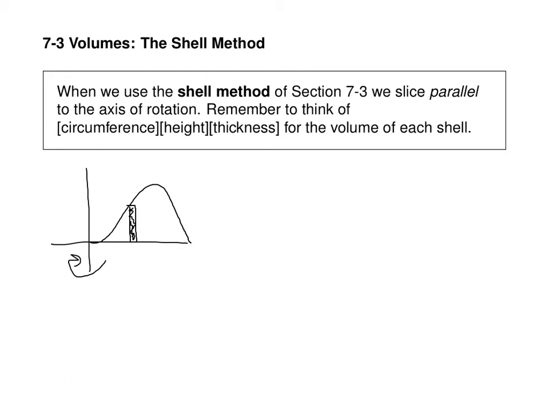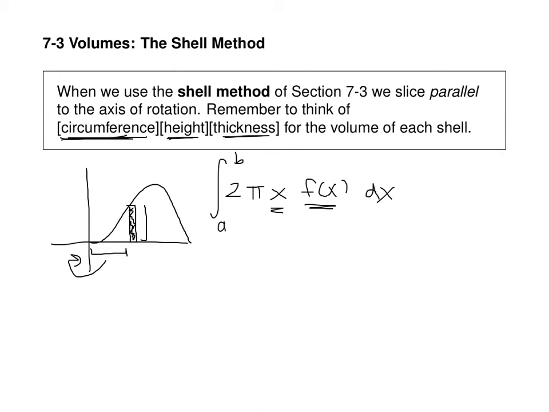The way to think about this was to find the circumference of the shell, 2 pi x, times the height, which is f of x, times the thickness, which is dx, and integrate from a to b. That changes a little bit if your axis of rotation is not the y-axis, and this can change into f of x minus g of x if you have the region bounded by 2 curves, but in general that's the idea. Thinking of the circumference, height, and thickness I find to be quite helpful.